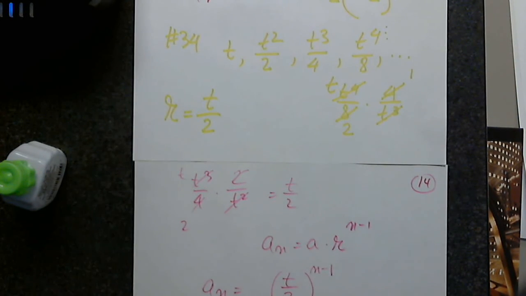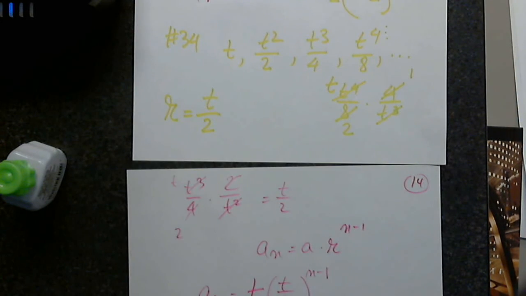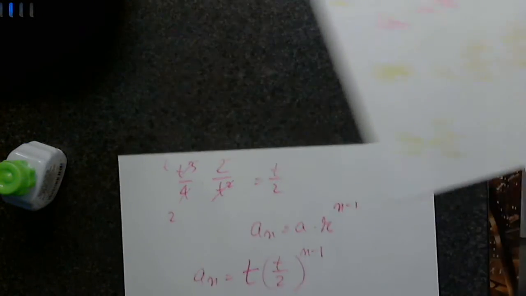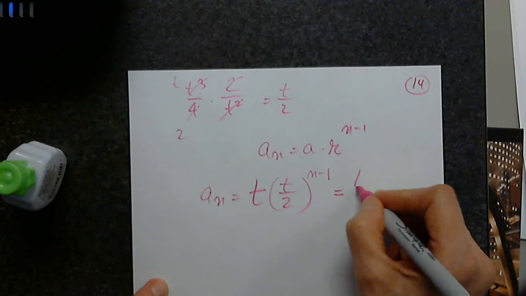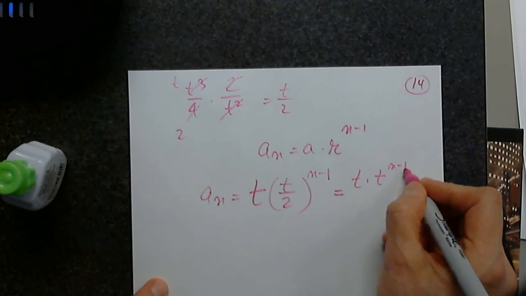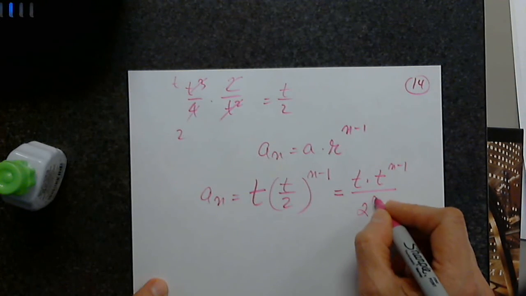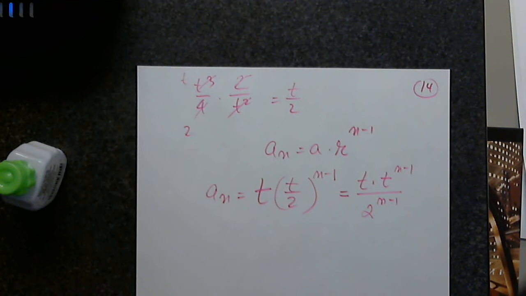And now the question is, what is a? I have to try to simplify it as much as possible and then find the 5th term. So this is t multiplied by t to n minus 1 divided by 2 raised to n minus 1.